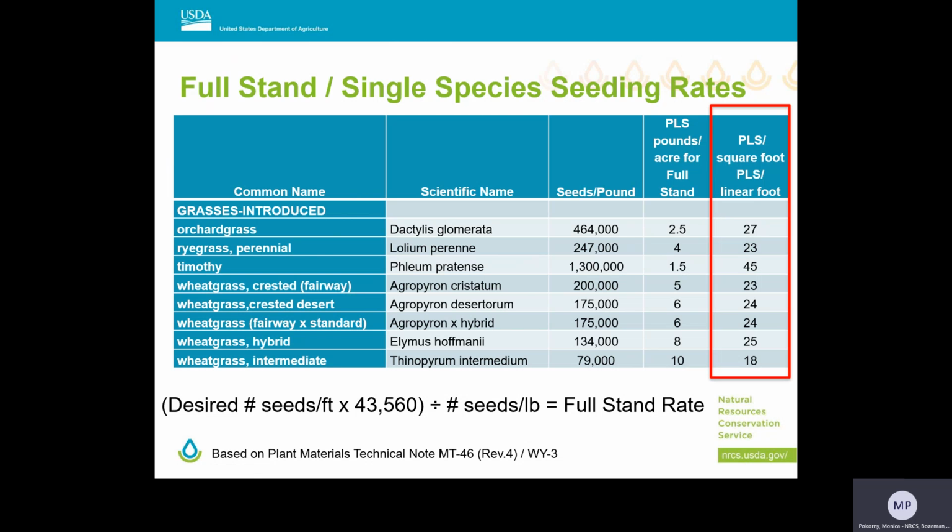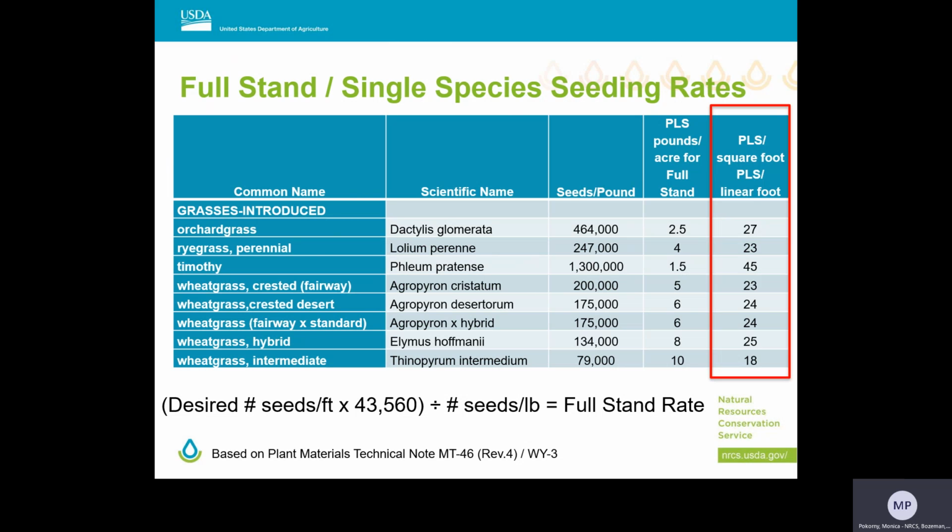So in this example, let's look at intermediate wheatgrass. This is a large seed. So we have 79,000 seeds per pound. So in that case, based on our previous slide, we're going to be aiming for 15 to 20 seeds per square foot when we plant. So let's just say we want 18 seeds per square foot.